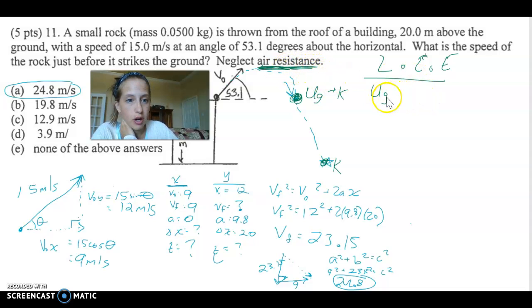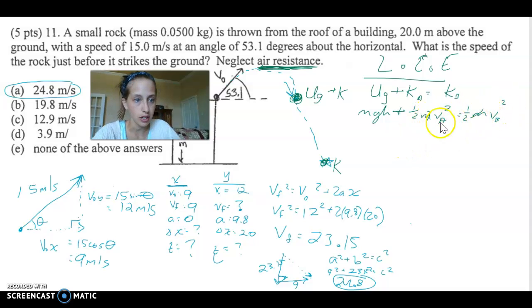Which means we don't lose any energy. So our beginning gravitational plus our beginning kinetic at point A equals the kinetic at point B. So mgh plus 1/2 mv squared at point A equals 1/2 mv squared at point B. All our masses cancel out, or you can plug it in, it doesn't matter. 9.8, the height's 20, plus 1/2 the initial velocity in the y direction, 12 squared.